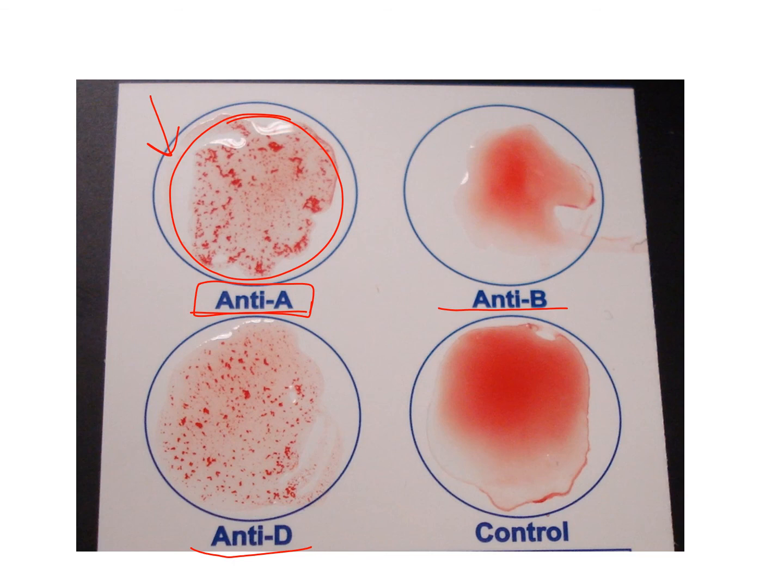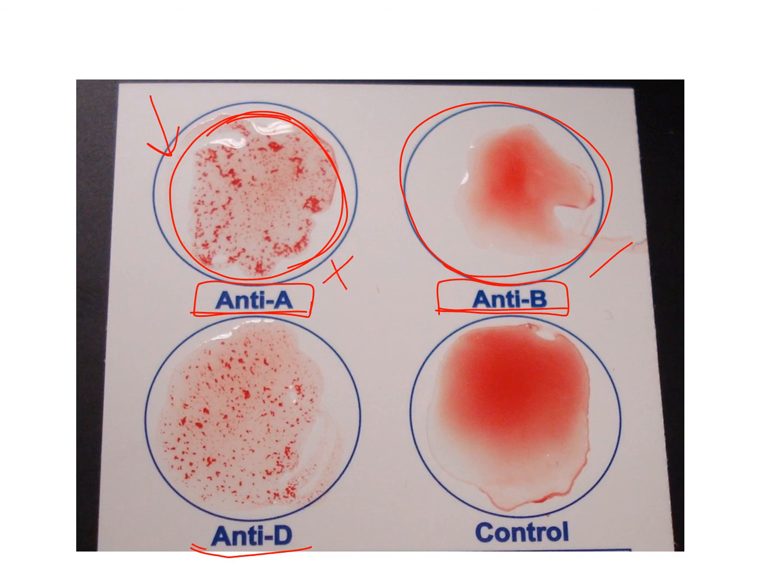They will clump together and you'll see that particulate look. To test for B antigen, you add a drop of blood, add a drop of antibody that recognizes the B antigen, and here you can see there is no agglutination. It still remains a general color, so this is negative. So this is a positive reaction, this is negative.